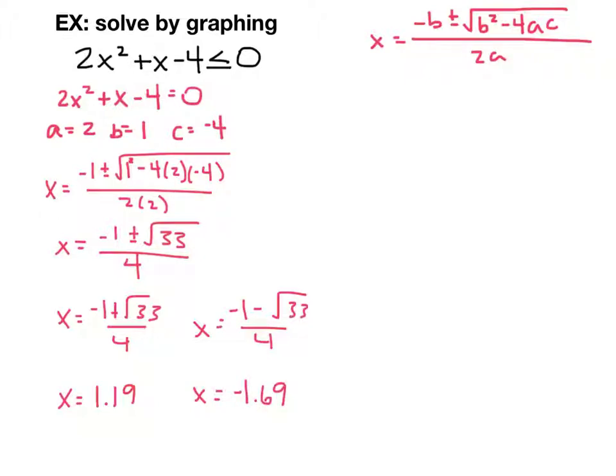All right, plot those on a graph. At 1.19, that's just past +1, and -1.69 would be over here somewhere. We can label those.